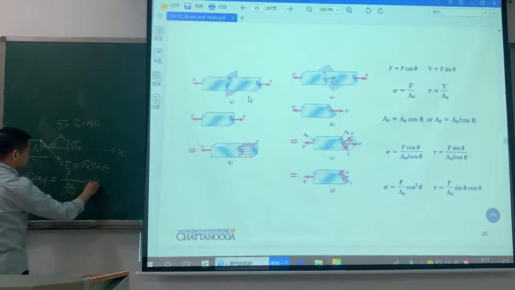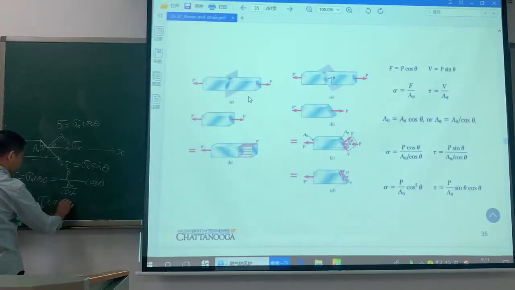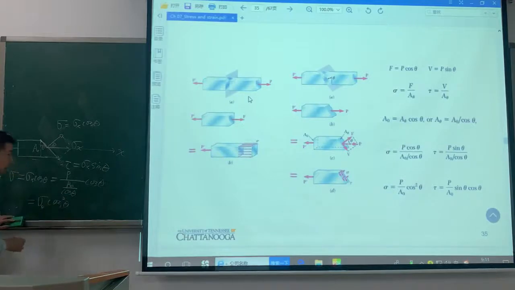So sigma theta equals sigma cosine theta squared.